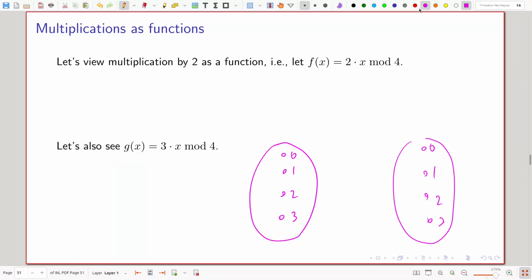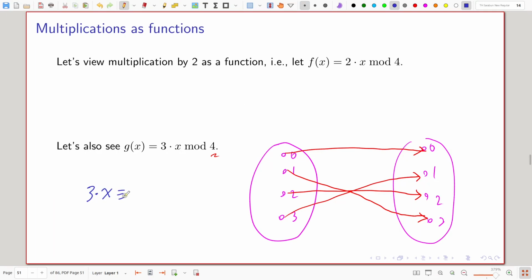Now I multiply with 3, right? 0 goes to 0, 1 goes to 3. 2 times 3 is 6, 6 modulo 4 is 2. 3 times 3 is 9, 9 mod 4 is this. Now, if I know that 3x equals 2, can I find x?